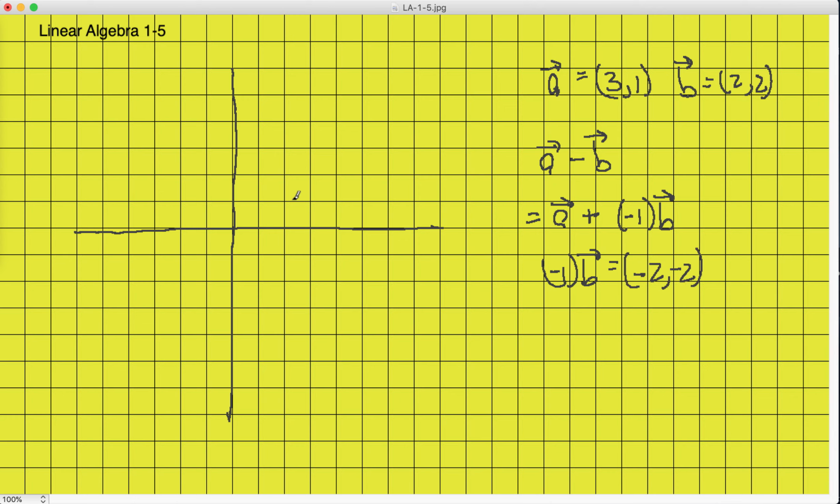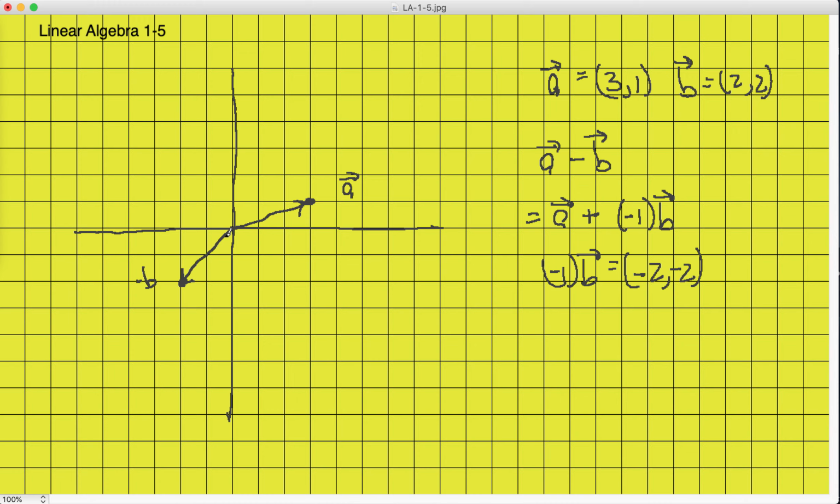So if I come over here and I look at the vector A, 3, 1, that's 1, 2, 3, 1. So that's the vector A. And B is minus 2, minus 2. So I come over to there. Okay, so that's minus B. And now, basically, I'm asking to add them all together.